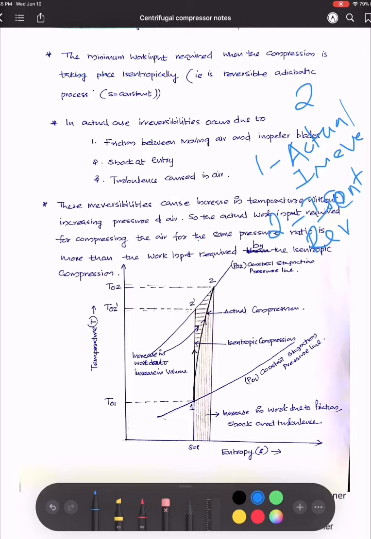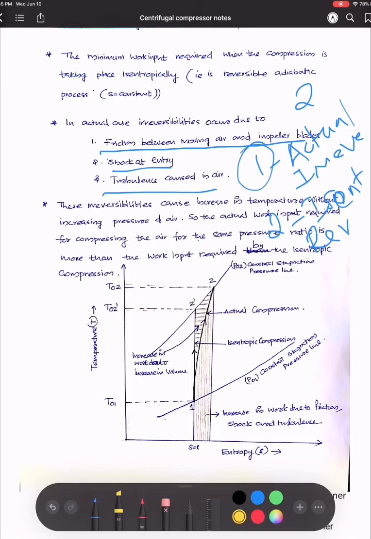Now, the losses considered in case 1 are the friction between moving air and the impeller blades, shock at entry, and turbulence caused in air. Due to all these losses, the work input during the actual compression process will be obviously more, whereas in the case of an isentropic compression, the work required is comparatively less.